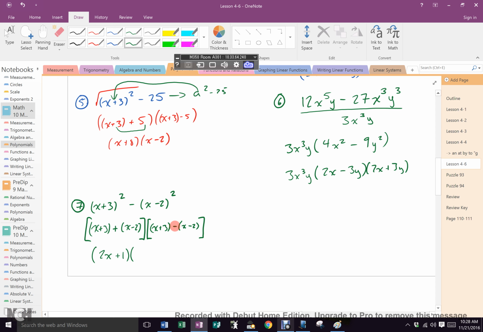Nothing. 3 minus minus 2. 5. And then I would be done. That's the hardest kind of difference of squares question I can give you, except mixing all three of these together, right?